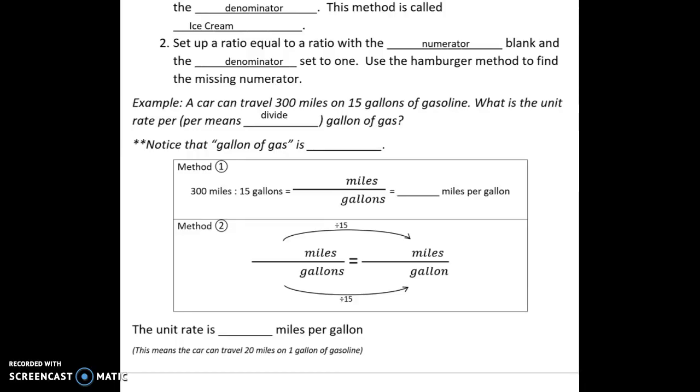So when we have 15 gallons of gas, gallons was plural, but now we want to know what it is per gallon of gas, and gallon of gas is singular.